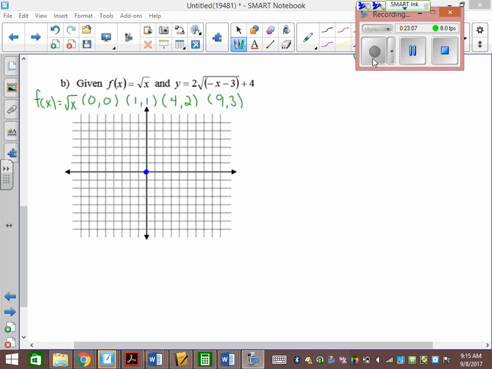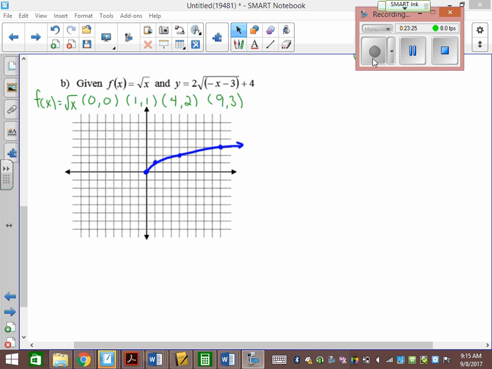So we have 0, 0, 1, 1, 4, 2, 9, 3. You can pick the points in between if you really like a challenge and want decimals. Go ahead. I'm not a fan, but whatever.